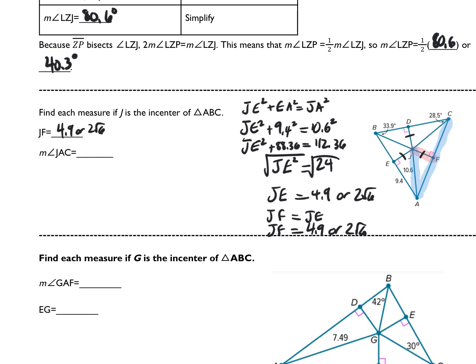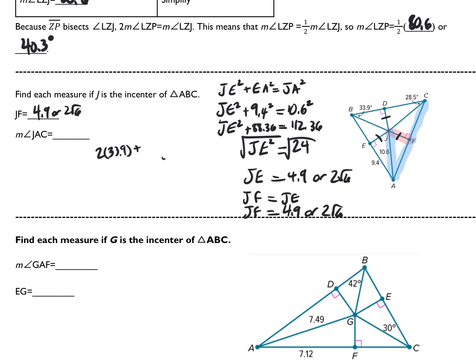So twice the measure of angle DBJ, which is 33.9, plus twice the measure of angle DCJ, which is 28.5, plus the measure of EAF, or BAC, is equal to 180.